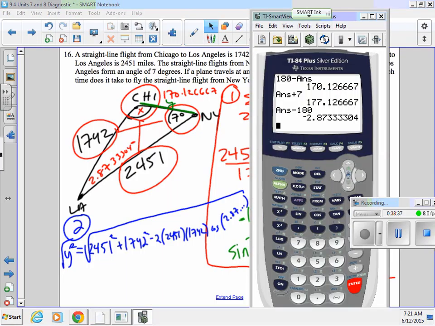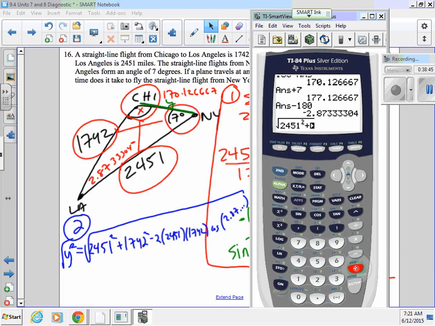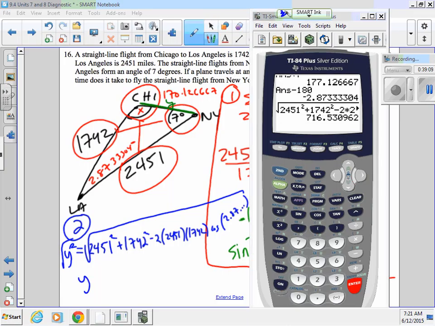So I can take the square root of 2451 squared plus 1742 squared minus 2 times 2451 times 1742 times cosine of, I just have to change this to a negative, so I'll throw a negative in there. And I will get 716.53. That's my distance from New York to Chicago in miles.